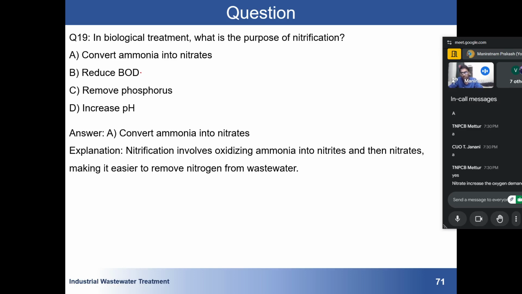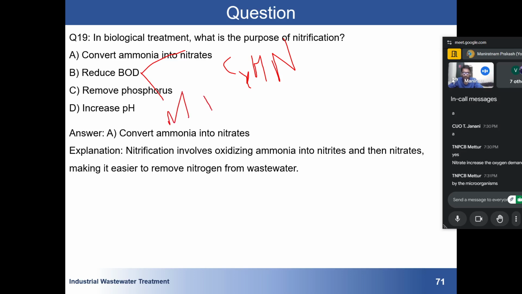See, there are two things. If your organic matter, generally it is in the form of C, X, H, N, and all this. Now when there is organic matter, suppose a microorganism is there, it will consume this whole organic matter.